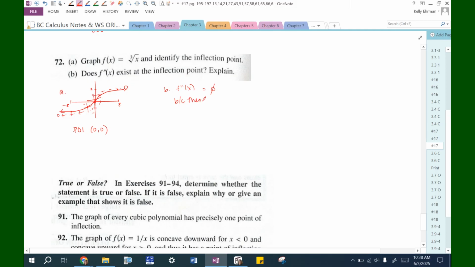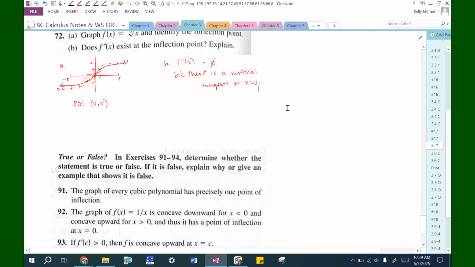The slopes just get steeper and steeper until they hit their tipping point and turn over. You could also find f double prime of x, and it will have an x in the denominator for which it is undefined.